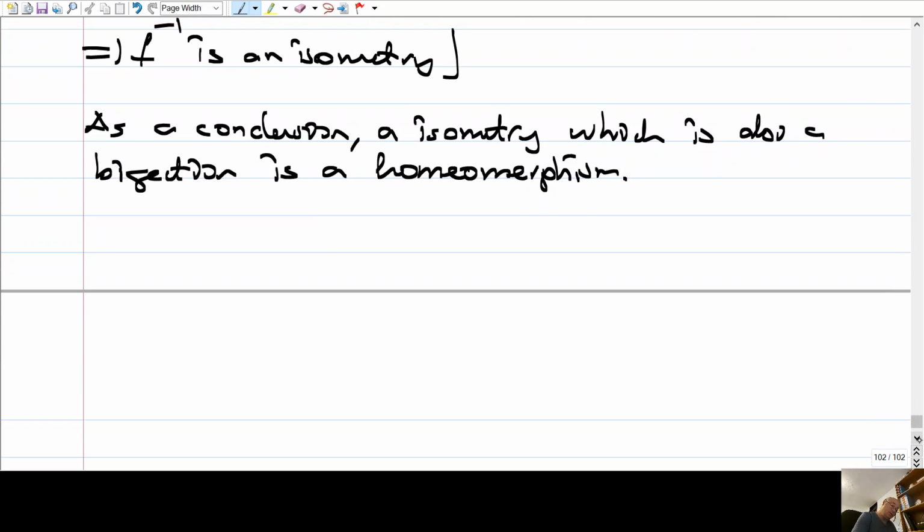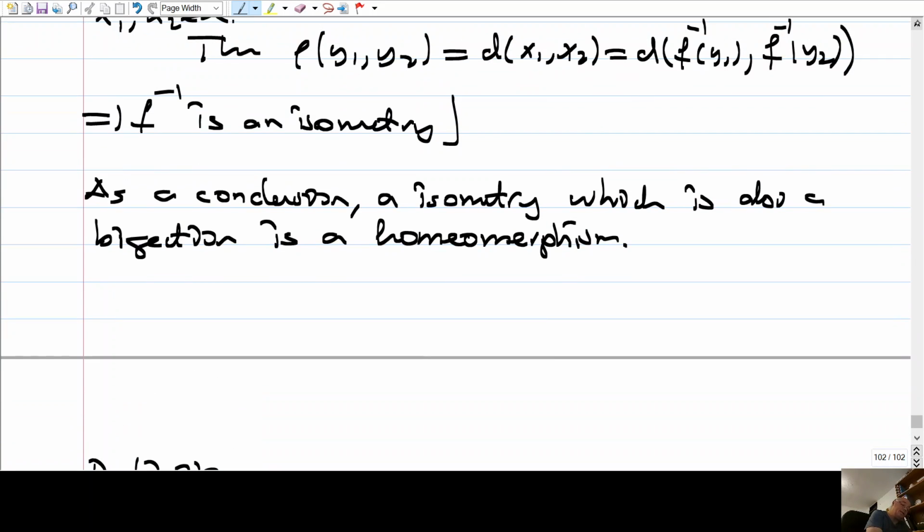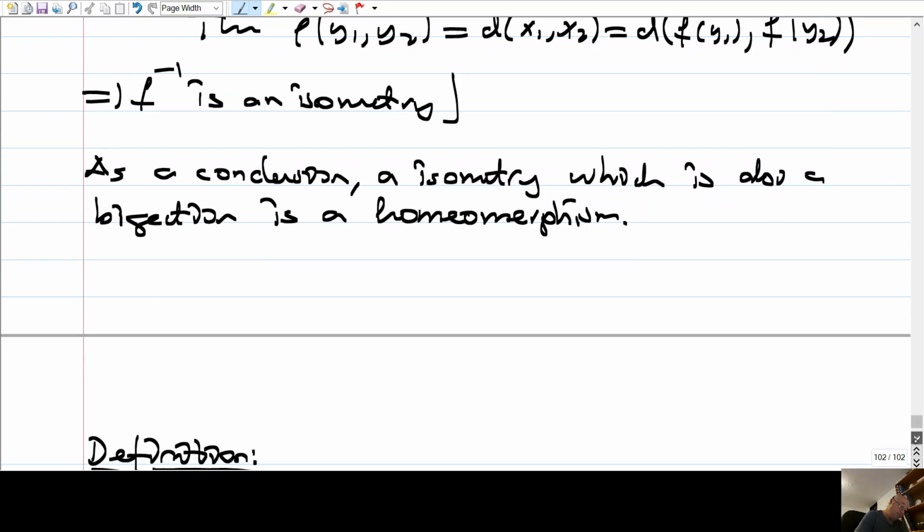Okay, now I have one more definition, which is actually something we have seen when we were discussing real numbers. And here is the definition.